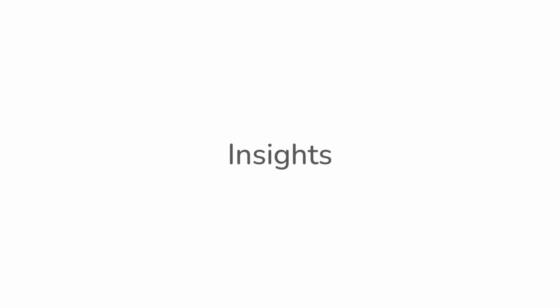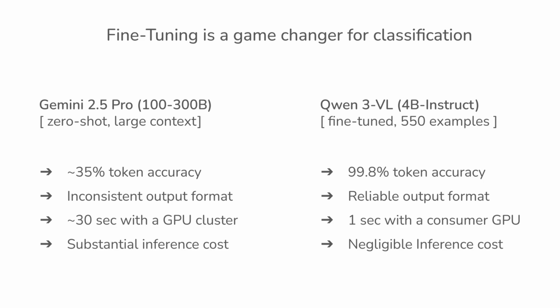What were some important insights that I collected during this journey? First of all, at least for classification, fine-tuning is a game changer, but I can already see how it's really good for many other tasks. Originally, I did a zero-shot large context experiment with Gemini 2.5 Pro, which uses between 100 and 300 billion parameters.